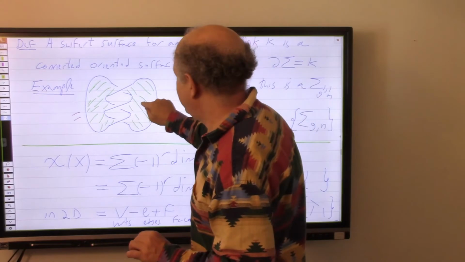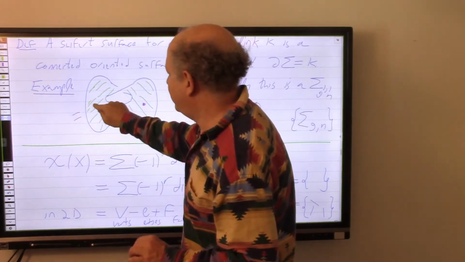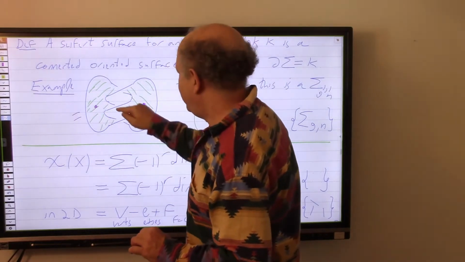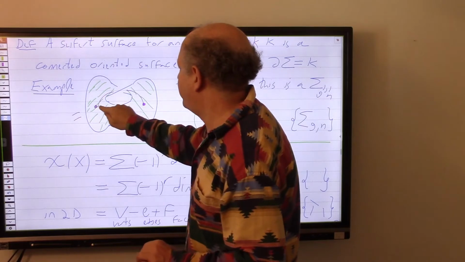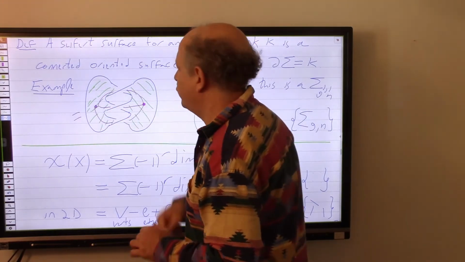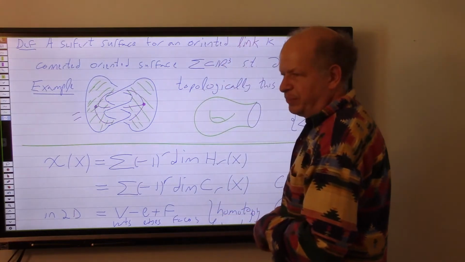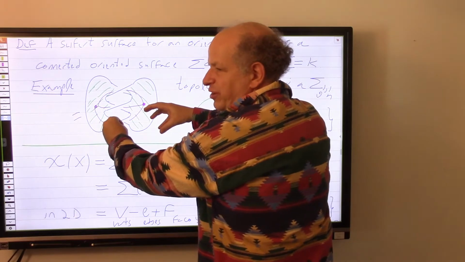Put a vertex here, put another vertex here, and connect these vertices with 3 edges, one going through each one of the twisted bridges, and then clearly the surface retracts to this graph.